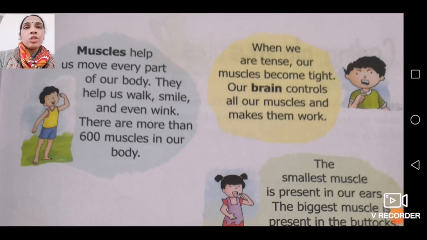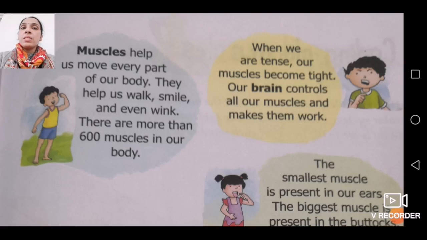A child which is born has about 350 bones. But as the child becomes an adult, the number of bones becomes less, and finally that adult has 206 bones.